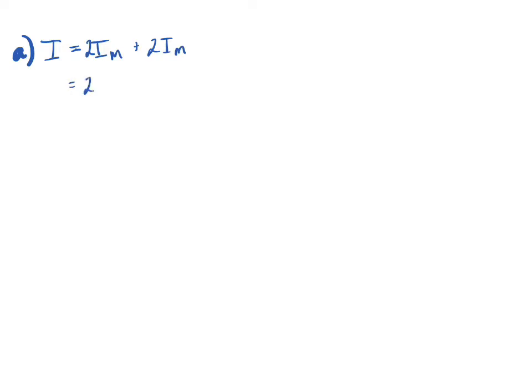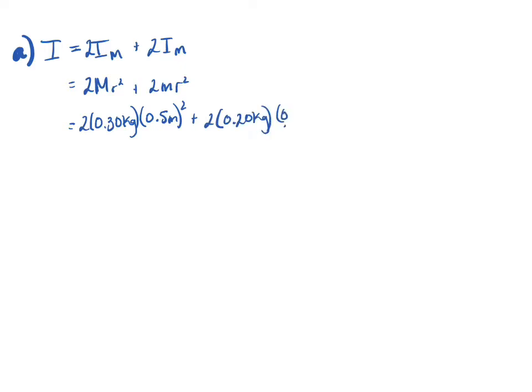How do I get rotational inertia? Again, we just figured out it's mr squared. So of course, capital M for the bigger masses times r squared, plus 2 times small m r squared for the smaller masses. Pretty easy, right? The bigger masses were 0.30 kilograms. Again, we figured our radius is 0.5 meters, and the smaller masses are 0.2 kilograms.